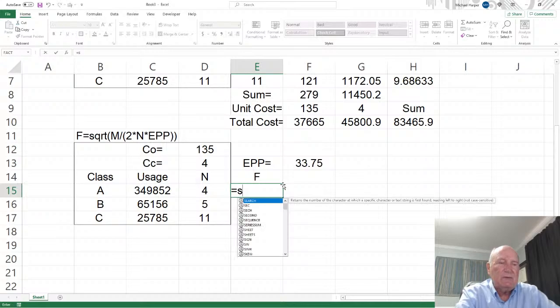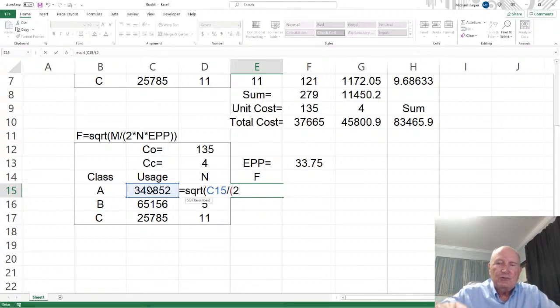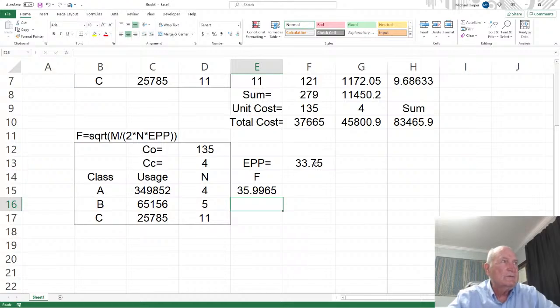That's simply the square root of the usage divided by 2 times the n, which is right there, times the EPP, which we'll freeze. And there's the optimal. Then I think we can copy that down.